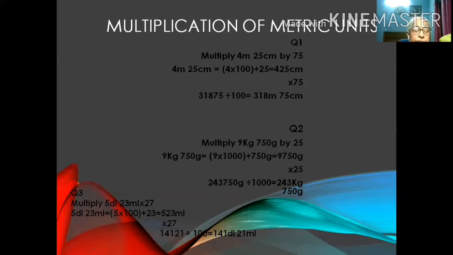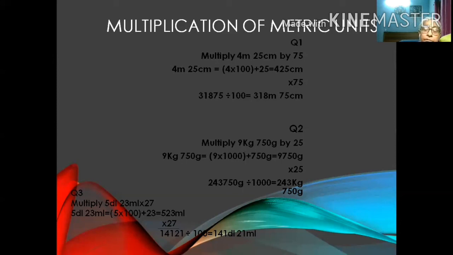Now we have to change this into the smallest unit, that is milliliter. 5 deciliter 23 milliliter is equal to 5 into 100, because 1 deciliter is equal to 100 milliliter. So 5 into 100 plus 23, that is 523 milliliter, and multiplied by 27 is 14121 milliliter.